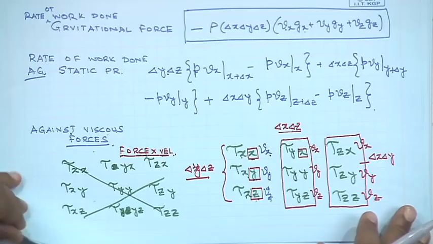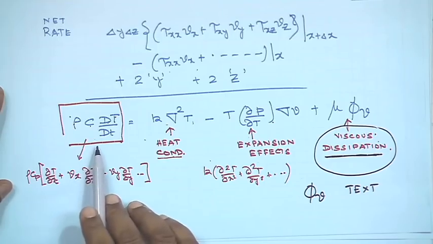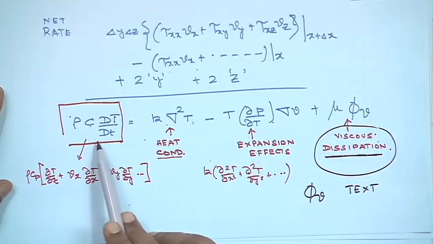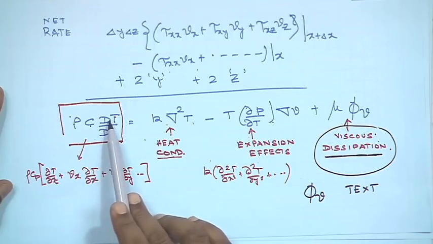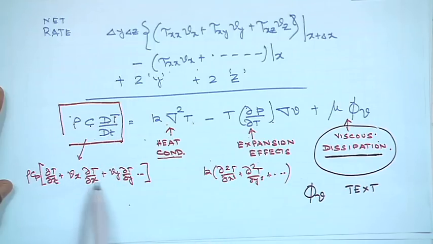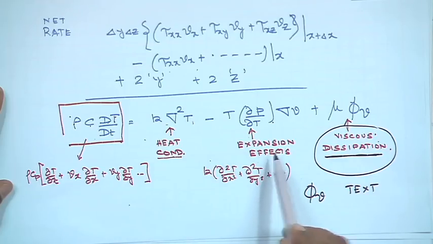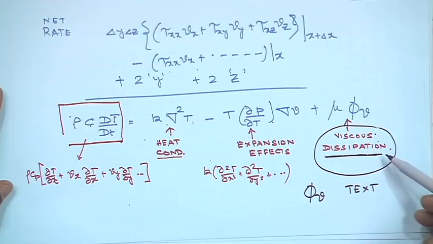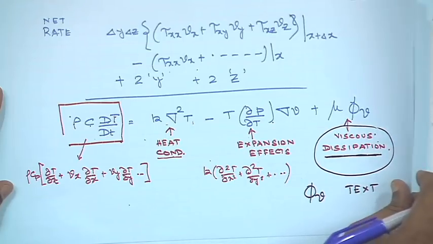So, with this, after we simplify this, we have obtained the equation of energy for a system in which both convection, which is embedded into the substantial derivative in this form, the heat conduction, the expansion effects, and a function phi sub v, which is known as the viscous dissipation, which takes into account all the work done against the viscous forces.